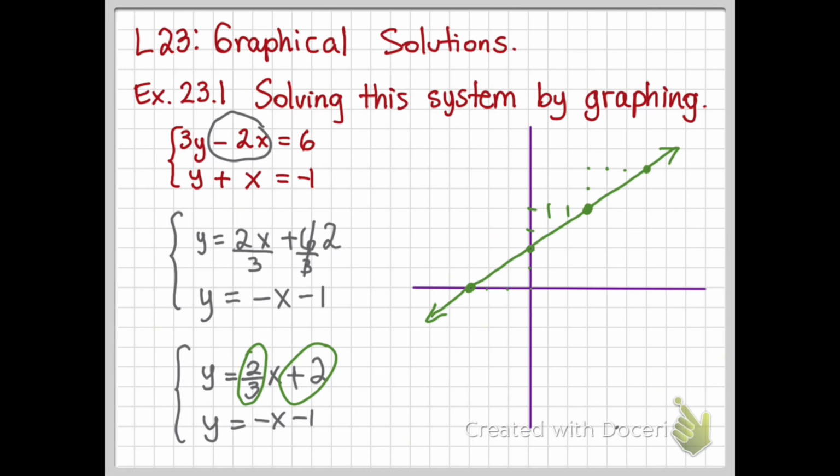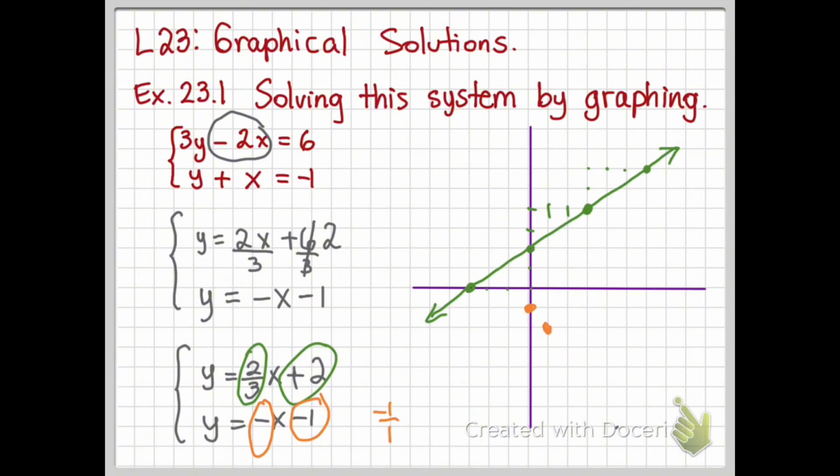Now we're going to graph the other line. The other line, we start with -1. So I'm going to start down here on -1. And the slope in this case is -1. Remember that -1 is -1/1, which we're going to move 1 down and then 1 to the right.